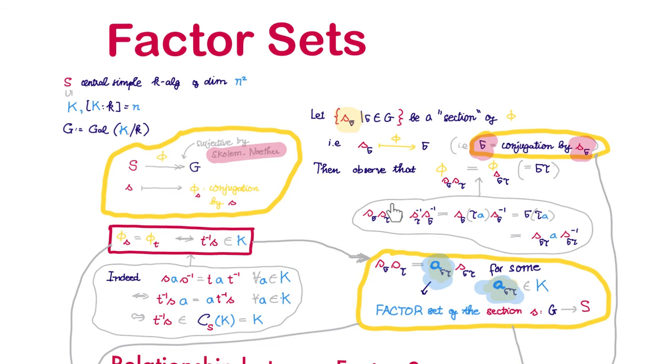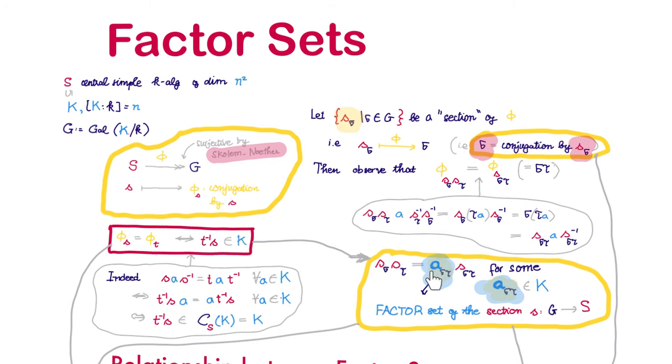So a conjugated by S sigma S tau should be the same as sigma tau a, but that's just the same as a conjugated by S sigma tau by definition of S sigma tau. Thus, S sigma S tau and S sigma tau lie in the same fiber over phi, so by our previous discussion, they must be scalar multiples of each other. That is, there must exist some scalar A sigma tau inside K, such that S sigma S tau is equal to A sigma tau multiplied with S sigma tau.